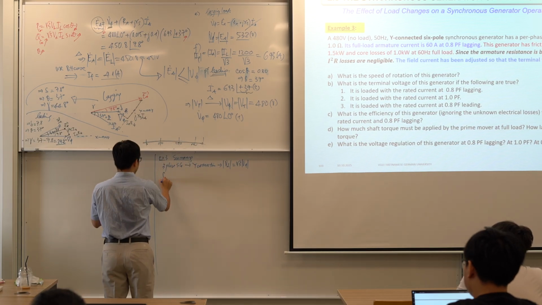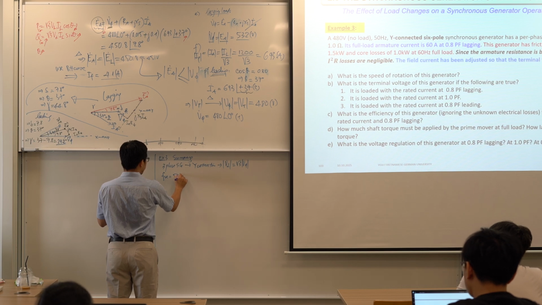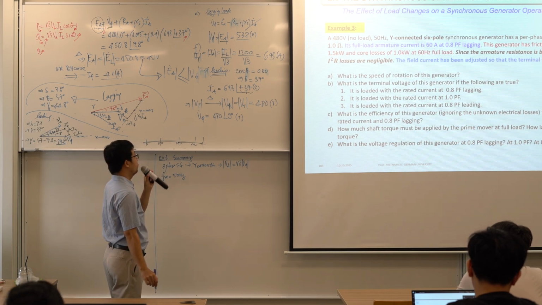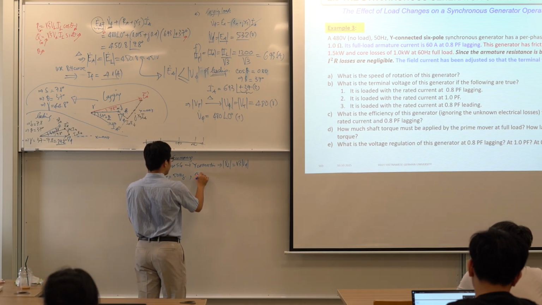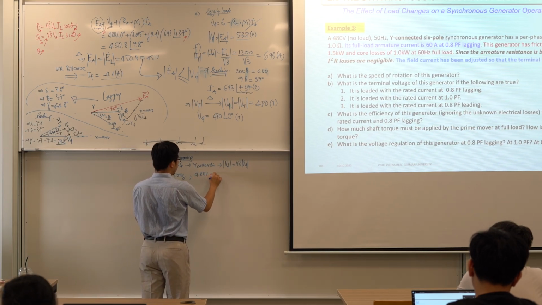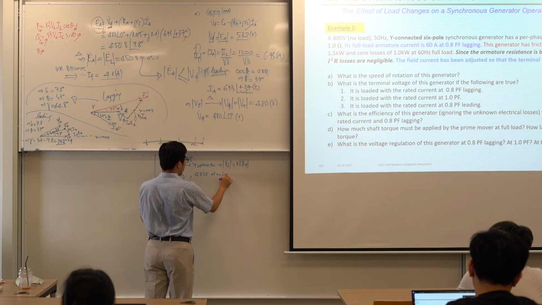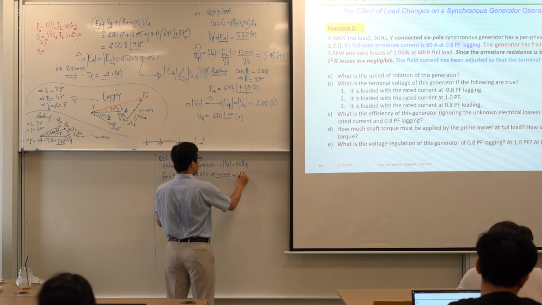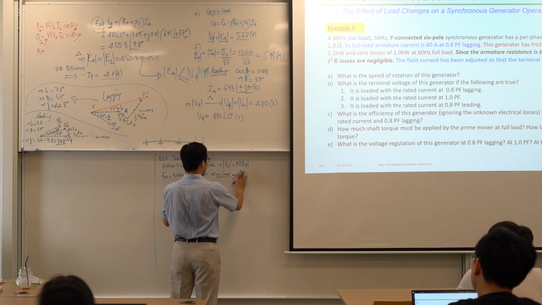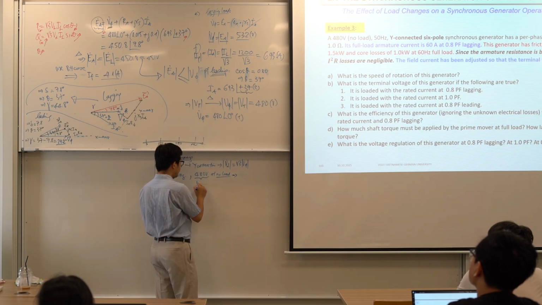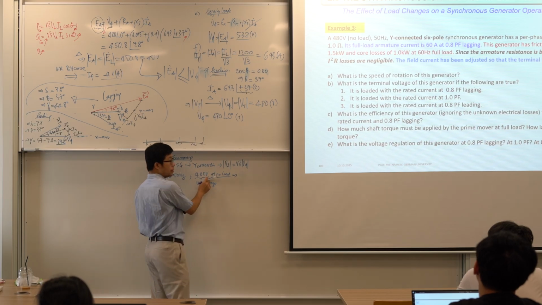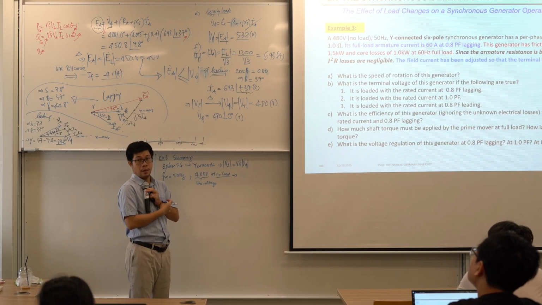We have the frequency of 50 Hz. We have 480 volts at no load. At no load, that means EA, and of course this one is line voltage.